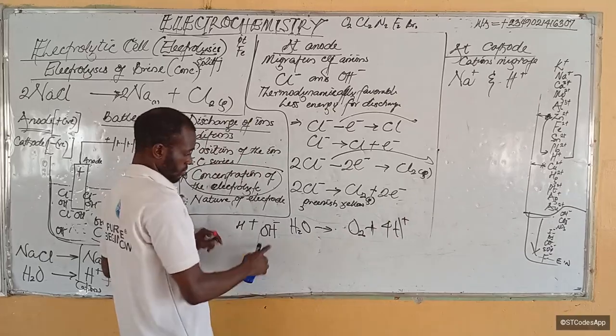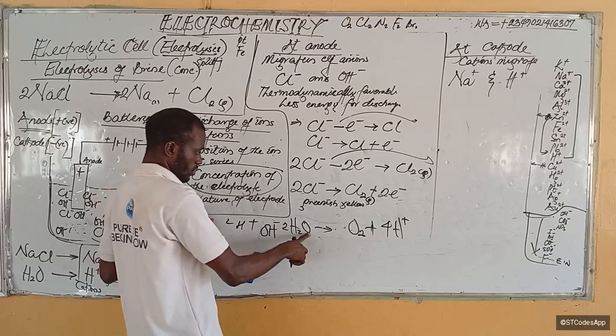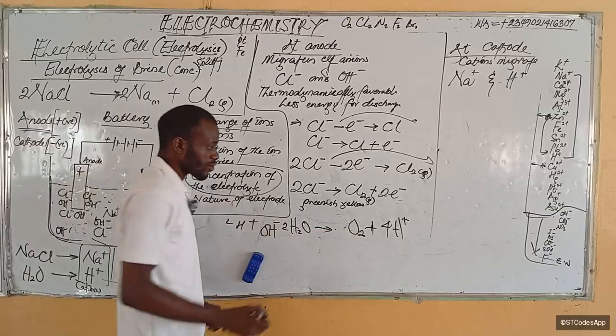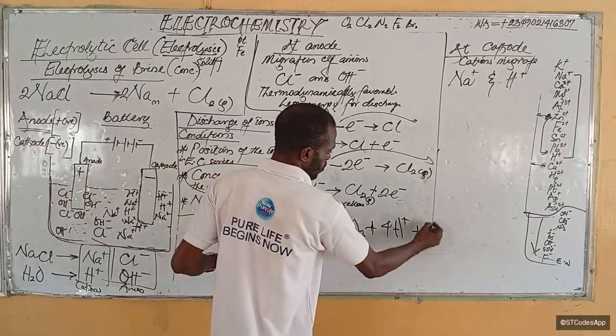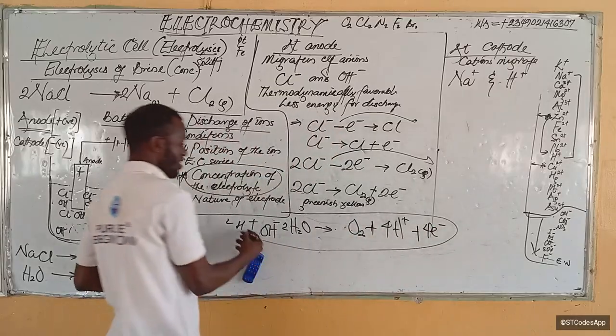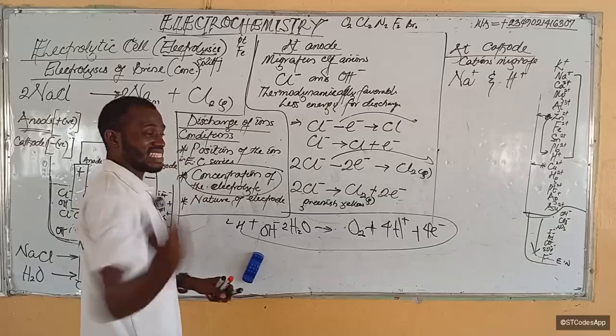Okay? Because if it's two water, that will be two oxygen. So 4H plus. Okay, so this will be the reaction for the hydroxide being lost, then plus 4 electrons for oxygen being produced. This will be the case if it were in a dilute reaction where OH minus is being discharged.